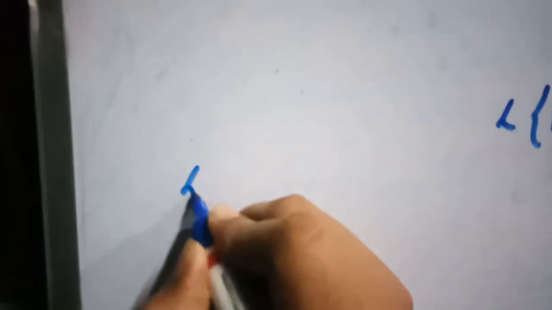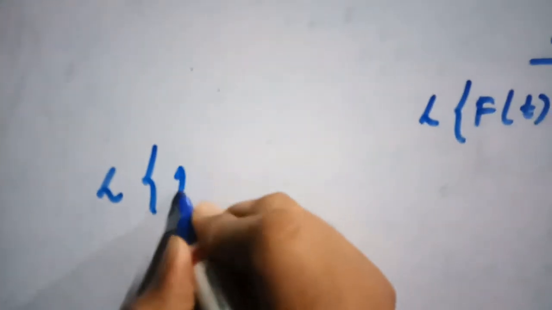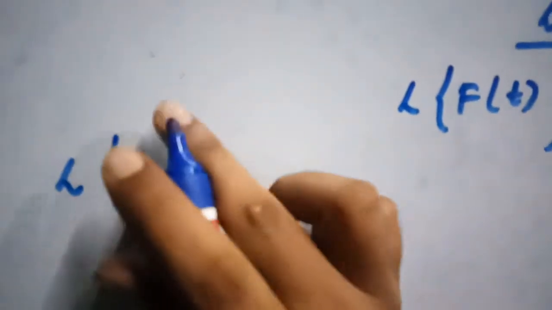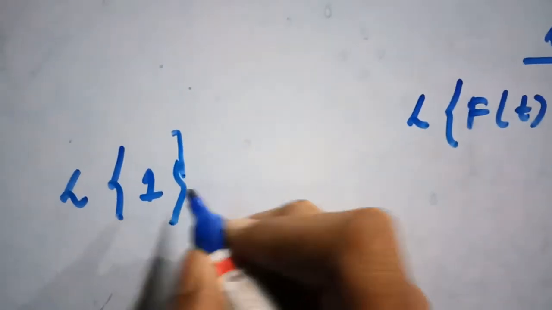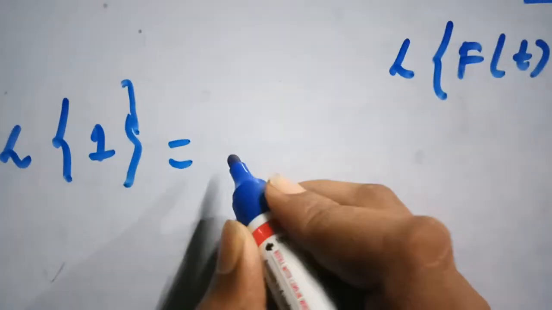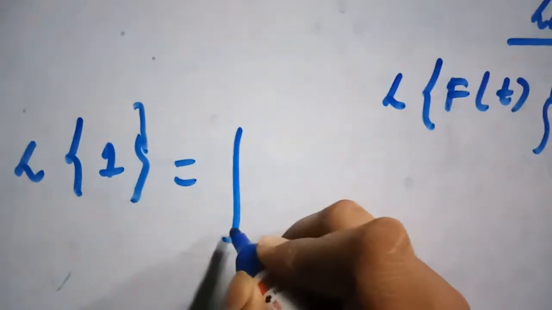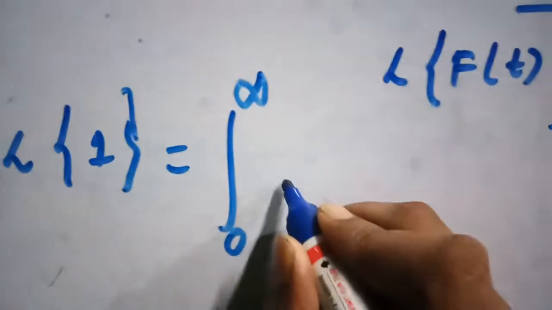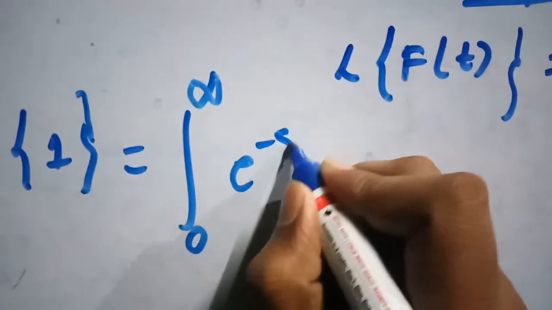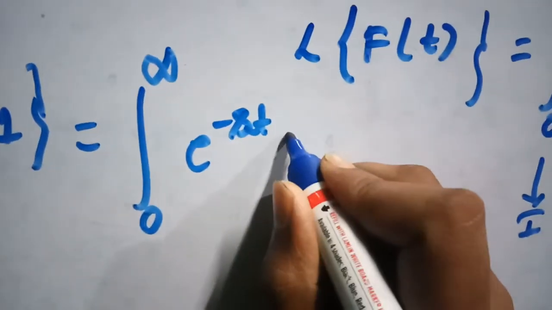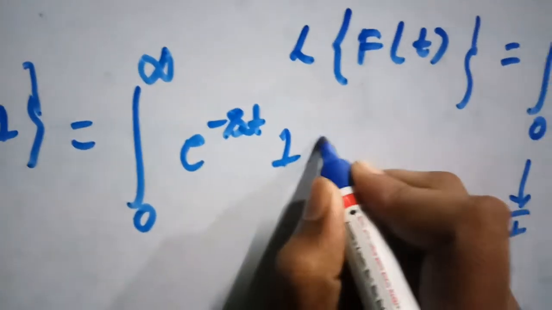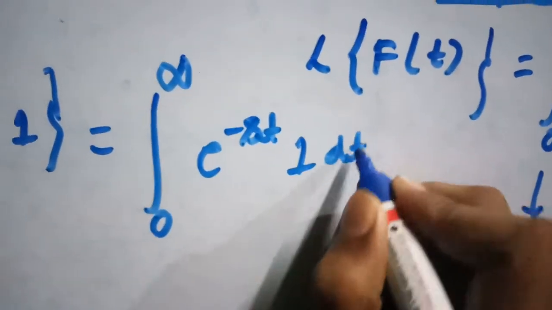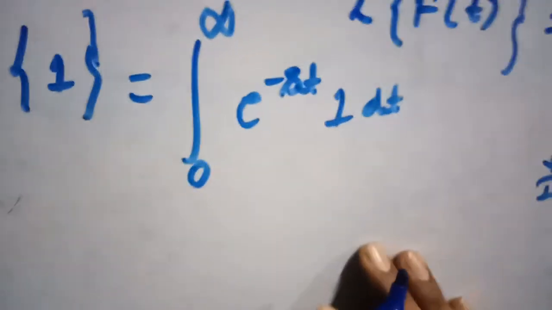So first of all, we just need to know what is Laplace of 1. By the principal formula, Laplace of 1 is the integral of e to the power minus st and 1, then dt.